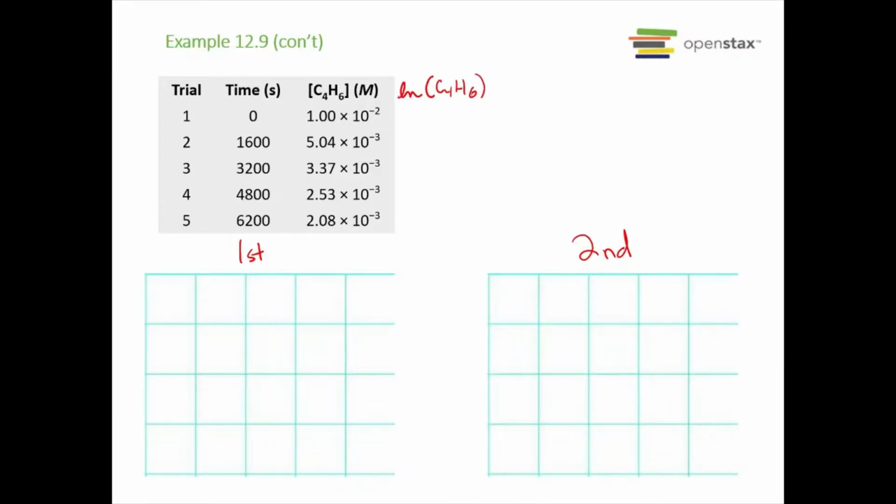So we take the natural log of each one, we get negative 4.605, negative 5.289, negative 5.692, negative 5.978, and negative 6.175.